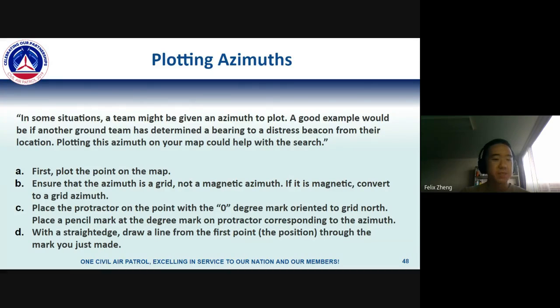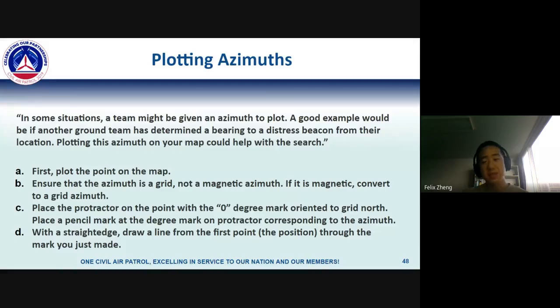So the 4 steps that they mention are that you should first plot the point on the map, so where you currently are, or where the location is that you need to be plotting the azimuth from. Then you want to ensure that the azimuth you're trying to plot is a grid and not a magnetic azimuth.